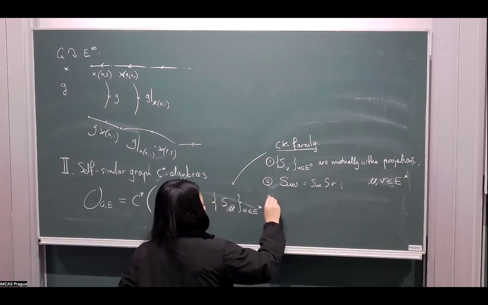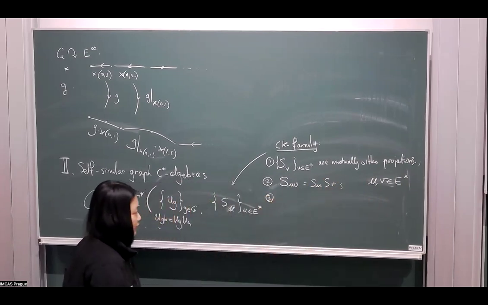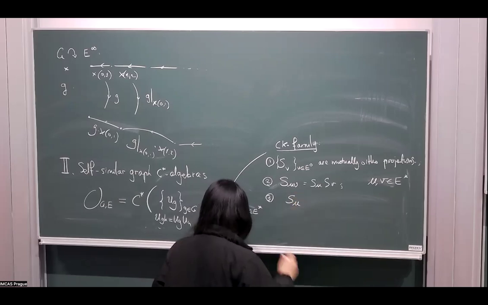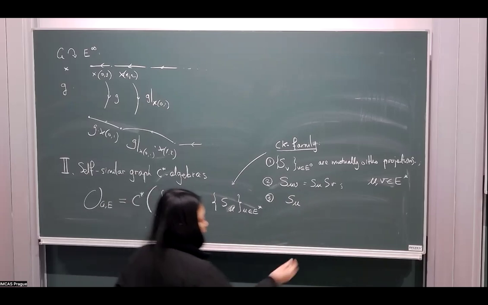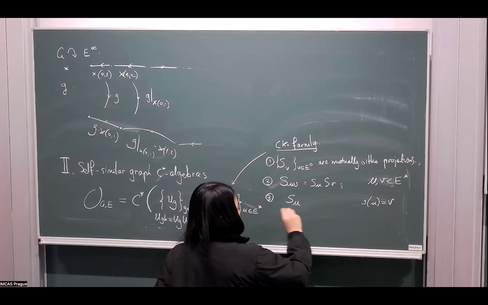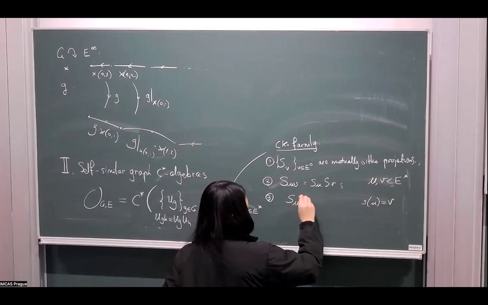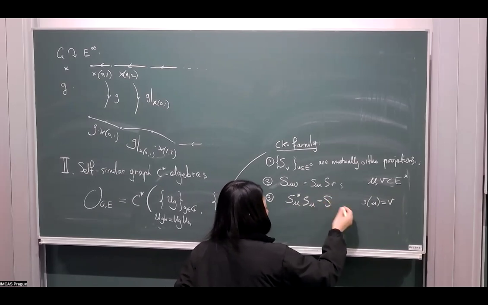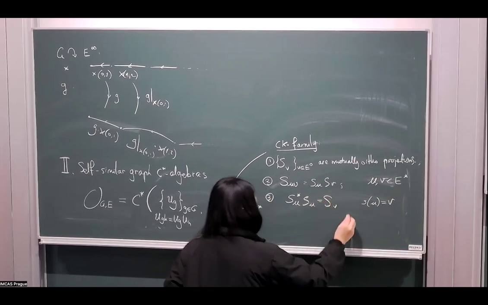And thirdly, if you take your S_mu, where the source of mu is equal to v, you have the relation that S_mu star S_mu is equal to the S_v corresponding to this v.